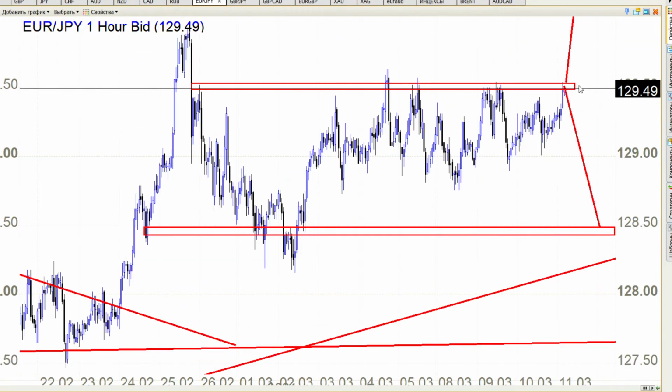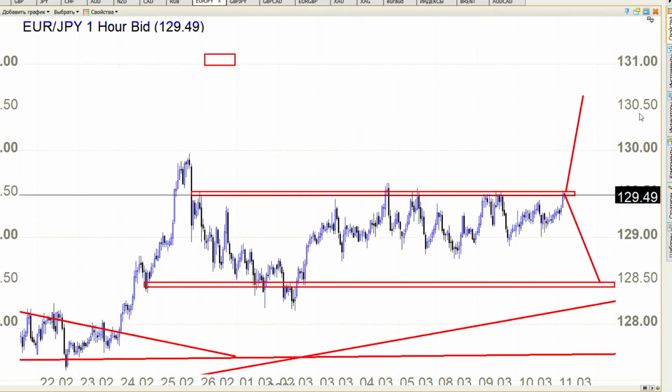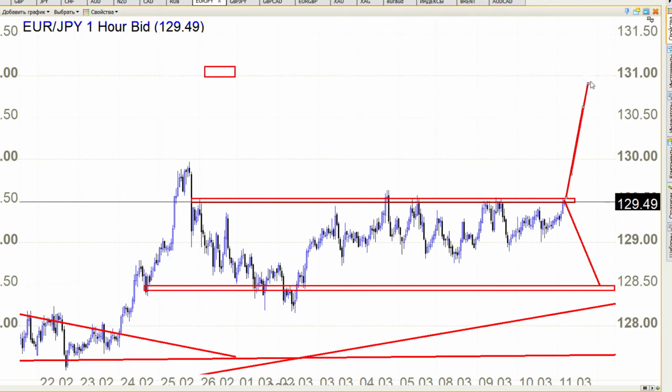For Euro Japanese yen, above 129.50, they will go to 131.